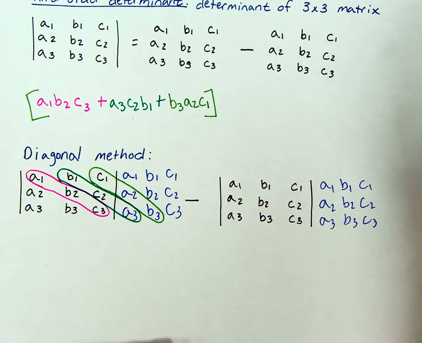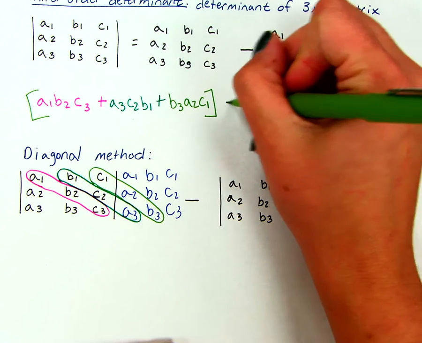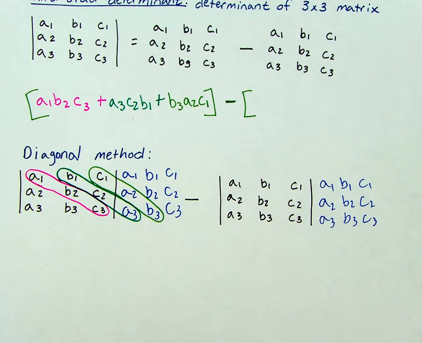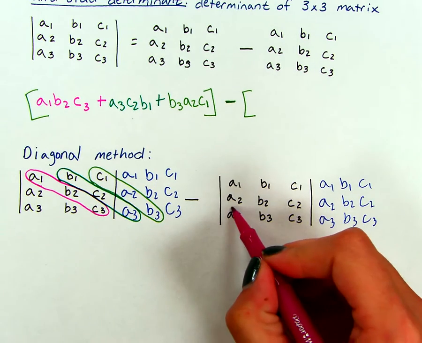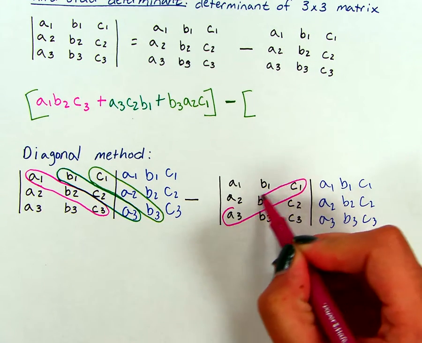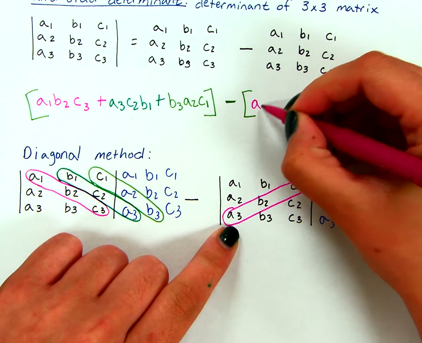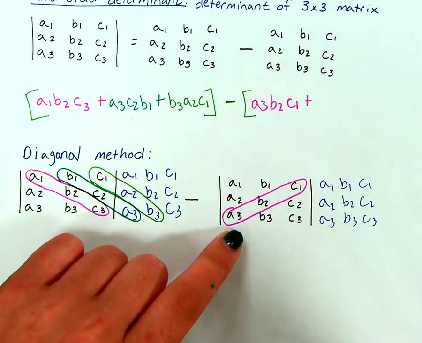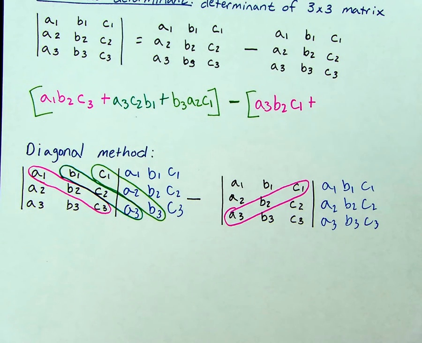And then we're going to do that same process but backwards, and we're going to subtract in between. So again, starting in the middle, we're going to multiply A3 times B2 times C1. And then we're going to add that to the next set of backwards diagonals.